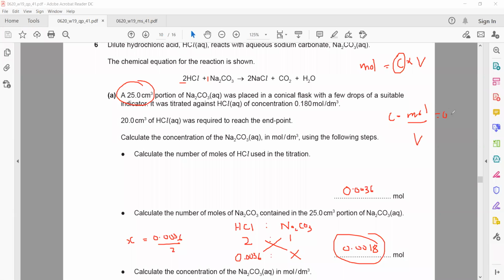Moles are 0.0018. And what is the volume of sodium carbonate? It is 25 cm cube, but it should be in dm cube. So I will divide by 1000, 0.025. So 0.0018 divided by 0.025. What is the final answer?